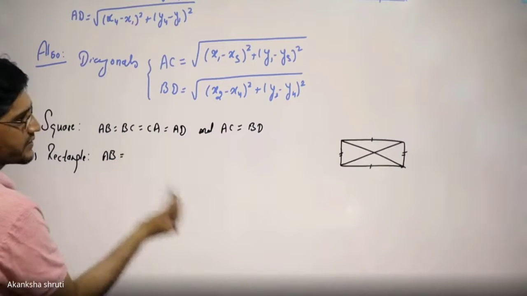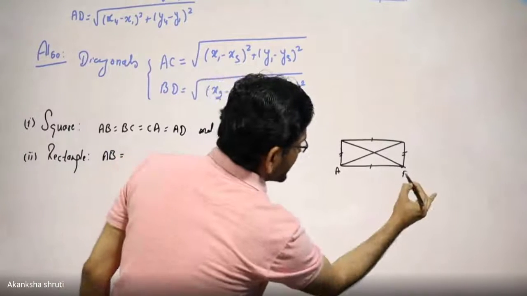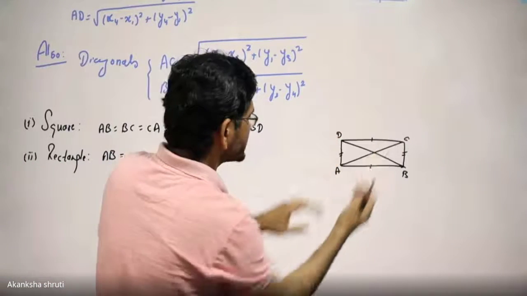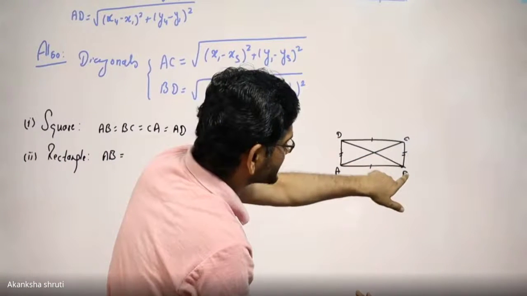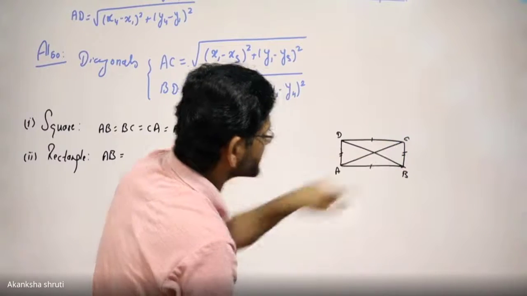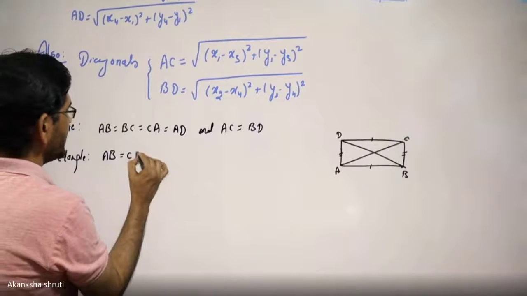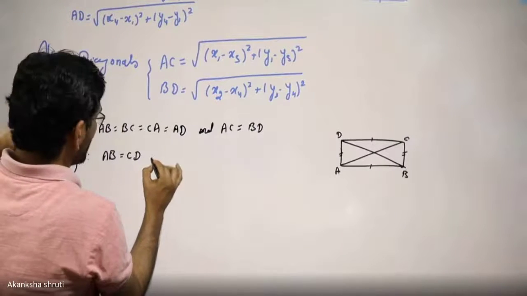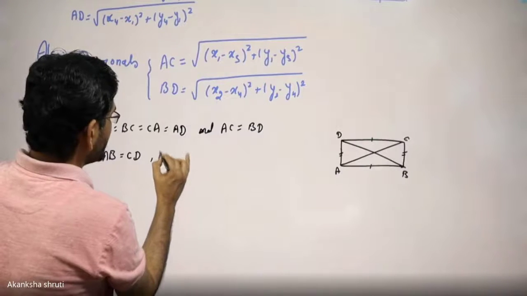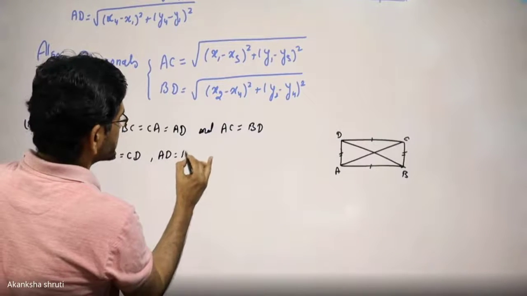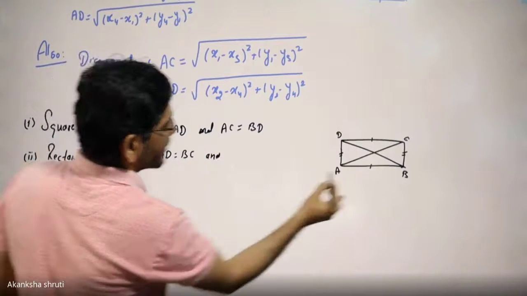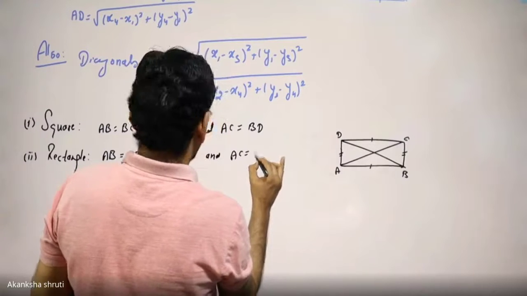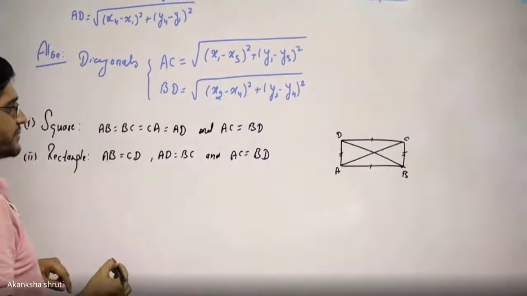If we are taking this as ABCD, AB should be equal to the opposite side, which should not be adjacent. So the other side should not start with B, it must start with C. So CD, and this is the first pair of sides. The other pair of sides also needs to be equal. AD should be equal to BC, and the diagonal AC should be equal to BD. These are the three conditions that we have to check.